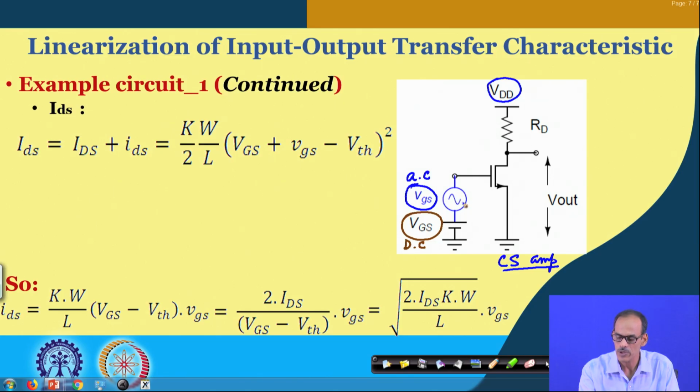So, with the progress of time the quiescent point or the DC point remains unchanged, and it will have an impact on the IDS current. It may have an AC part and, of course, a DC part.